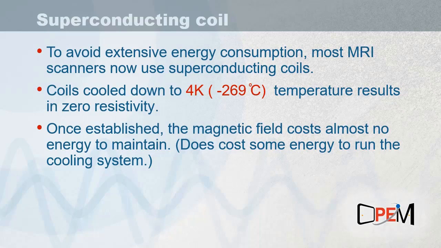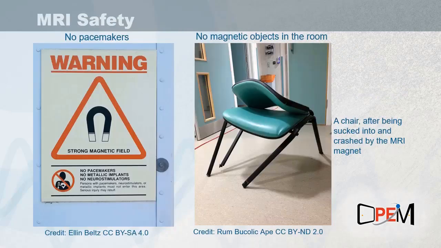Once established, the magnetic field costs almost no energy to maintain. With such a strong magnetic field, people have to be very careful around an MRI scanner. No pacemakers or magnetic objects are allowed in the room.